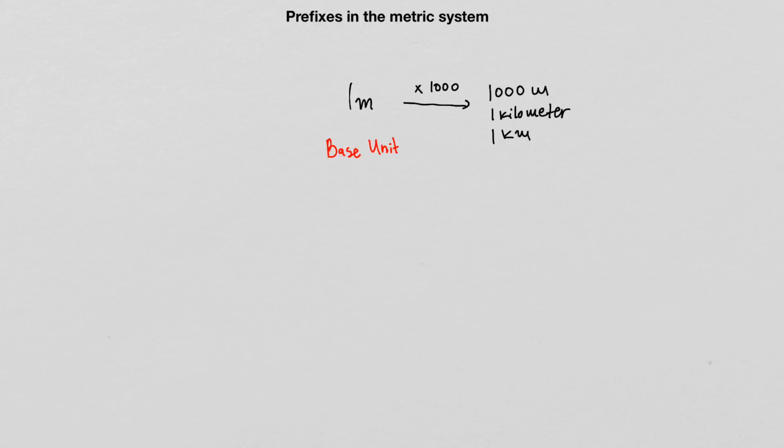If I multiply 1 meter by 1,000, that becomes 1,000 meters, which is also known as 1 kilometer, and the abbreviation for that unit is km, where m is the unit of length meter and k is a prefix. And this prefix corresponds to 1,000, or also 10 to the third power.